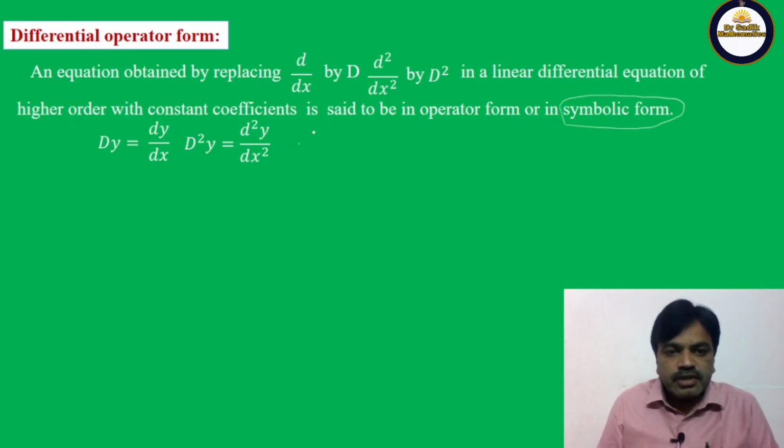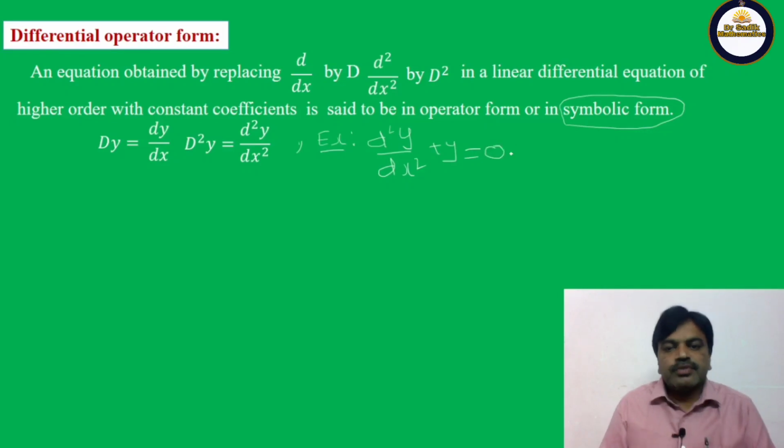Let us see one small example, friends. Suppose we are given an equation like d square y by dx square plus y is equal to 0. Here it can be written as D square y plus y is equal to 0.